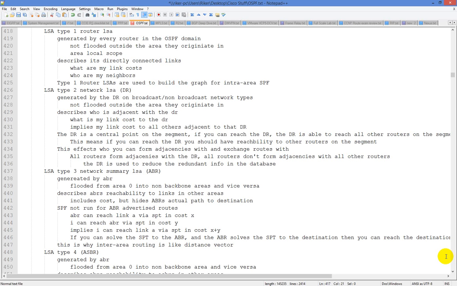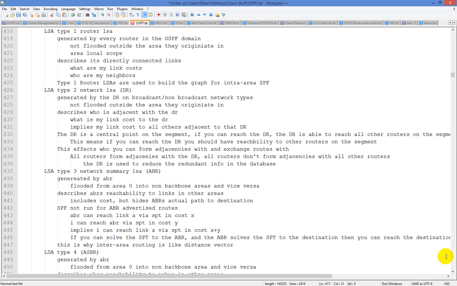So the DR is the central point of management. This means if you can reach the DR, you should have reachability to all the routers on the segment. Now, pretty straightforward for the most part, but it's important to break that down and understand how that works. And we'll talk about that more in detail later on. We'll actually talk about manipulation and stuff like that.